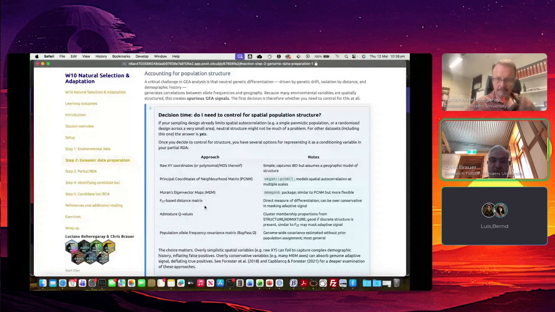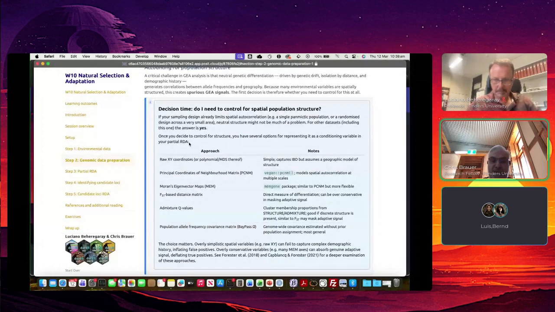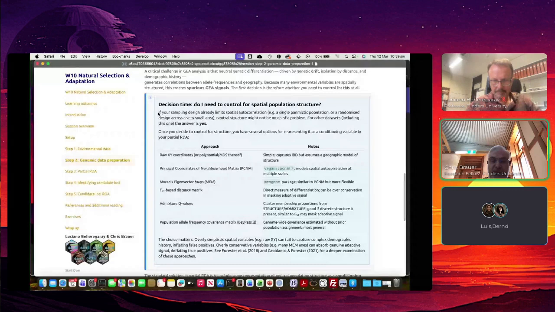The next decision you need to make is, do I need to account for population structure? And if so, how do I do that? Because there's many different ways. If you've got a single population or something close to panmictic, maybe not. In the simulation study that I mentioned before, they make a fairly strong case that even up to moderate levels of structure, RDA is fairly robust without including any control for that.